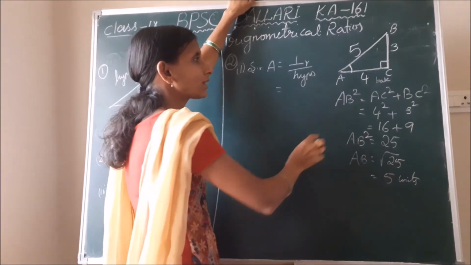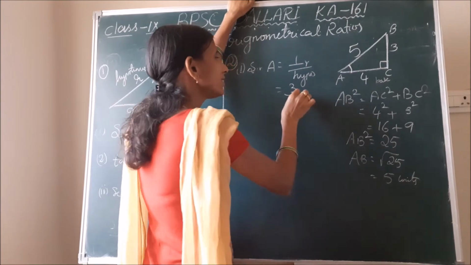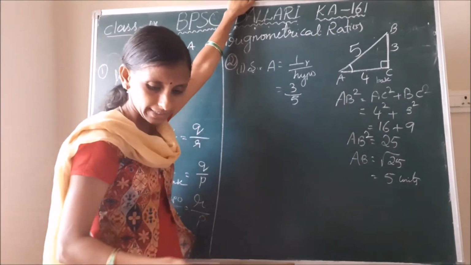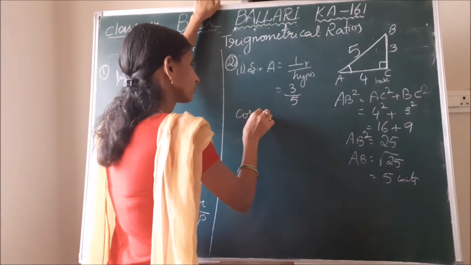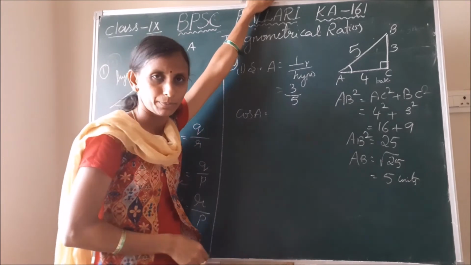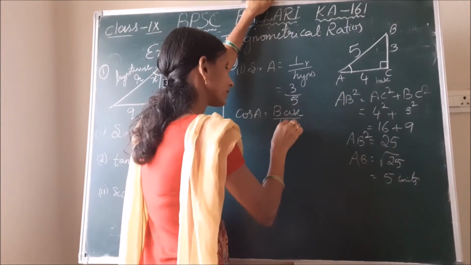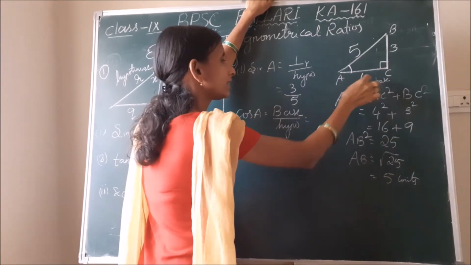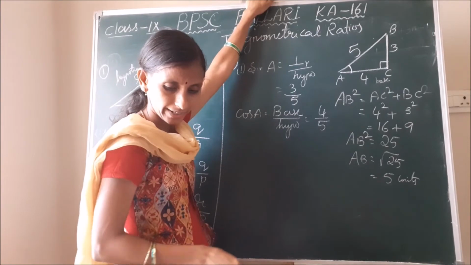So what is the perpendicular here? 3, by hypotenuse 5. Next, cos A. Cos means base by hypotenuse. What is the base here? 4 by 5.